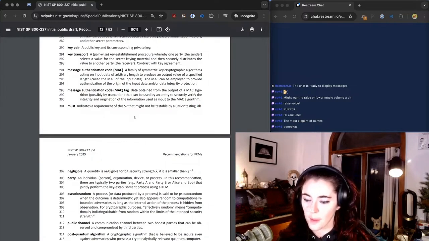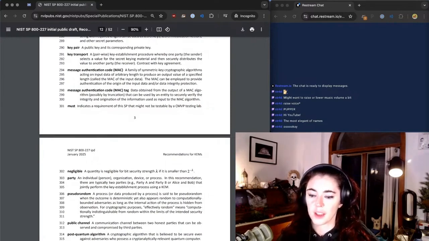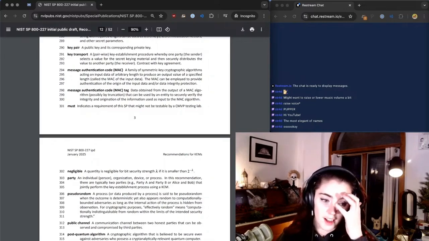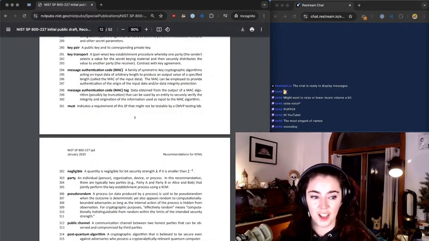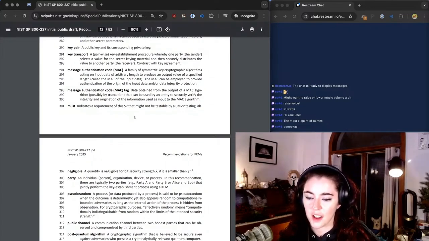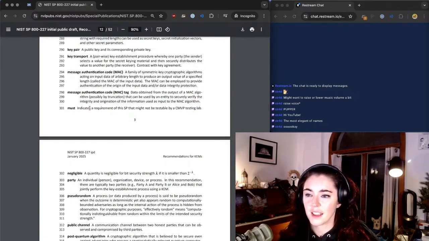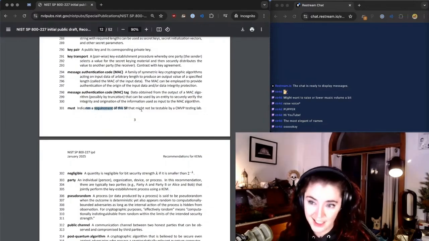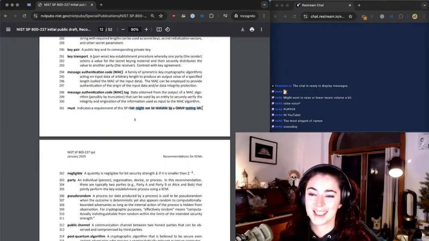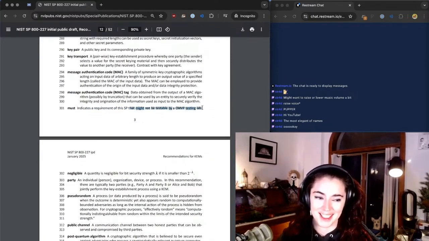And then the others are, and it's kind of useful because their shall is the top one, and it's relative to what will be tested by the module validation testing lab. So this is the thing they'll actually check that you're compliant with by the module validation lab. Should is a strong recommendation but not a requirement, and then must is a requirement that might not be testable by your validator.